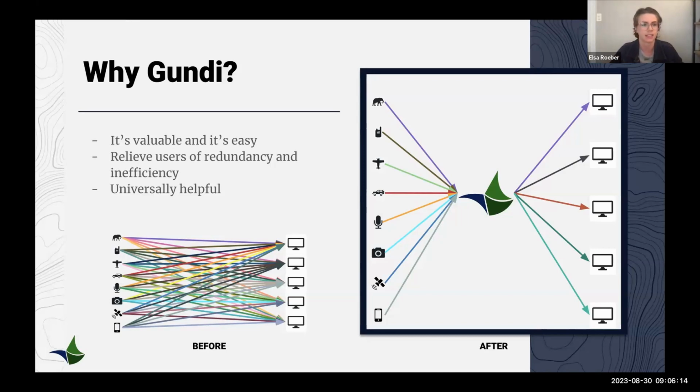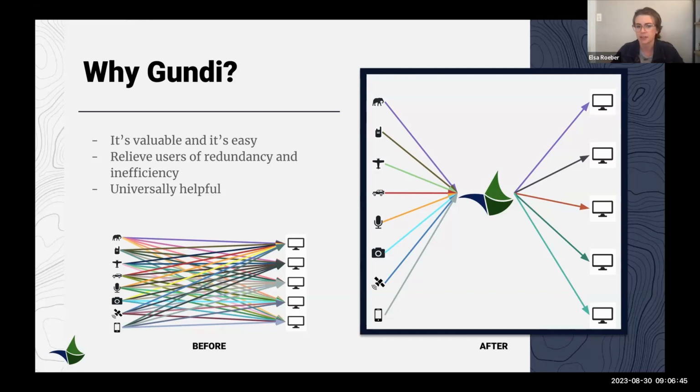I remember last year at the Earth Ranger conference, we had a lot of people talking to us about like, oh, I have this fence sensor, but I don't know how to export the data into my Earth Ranger site. I have this camera, but I don't know how to use the photos from it. Things like that are classic examples of how you can configure a connection through Gundi to export the data from your device and get it to where you need it to be easily.